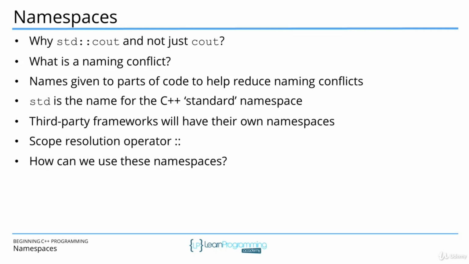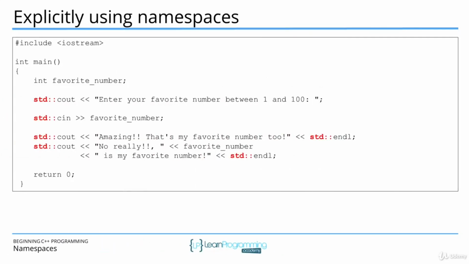So C++ provides a few mechanisms to help in that regard. In this sample code, you can see that we're explicitly telling the compiler to use cin, cout, and endl from the C++ standard namespace using std followed by the scope resolution operator. This is how we've written all our code to this point. Now let's take a look at another way we can do this without so much typing.